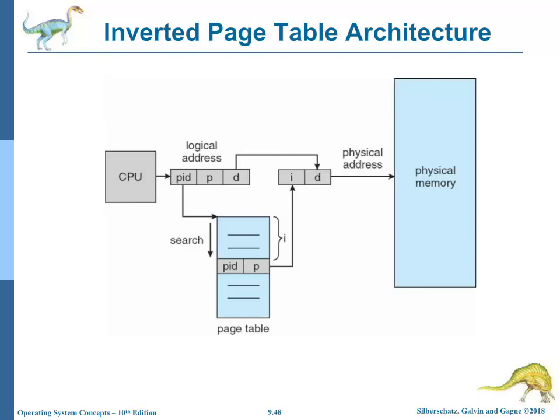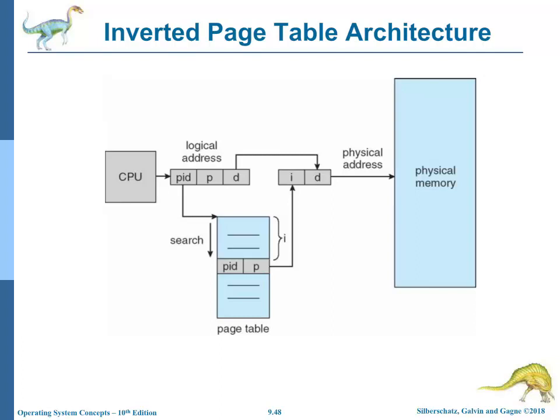Each virtual address in the system consists of PID, page number, and offset. Each inverted page table entry is a pair of process ID and page number, where the process ID assumes the role of the address space identifier.